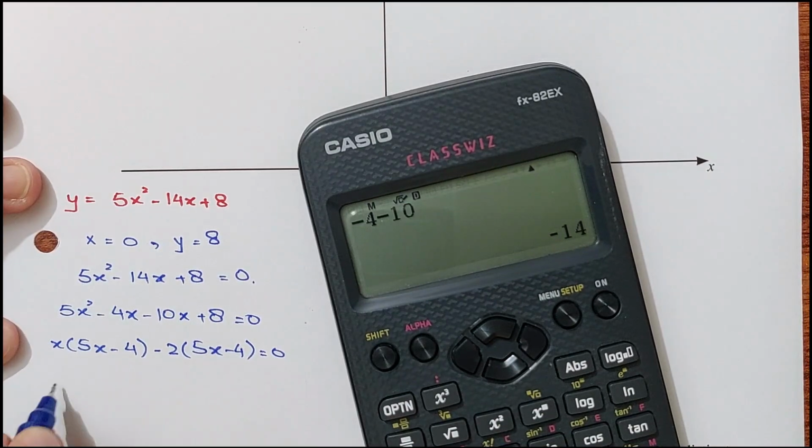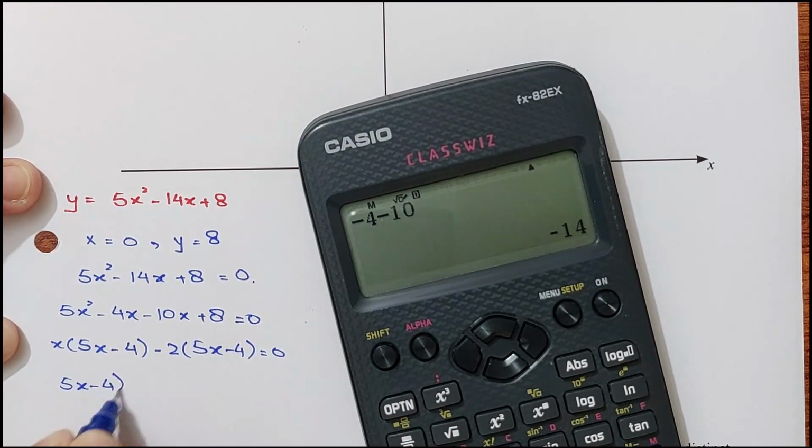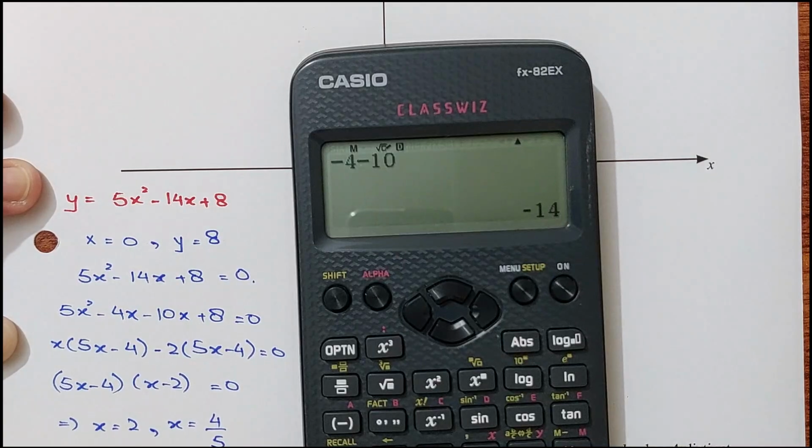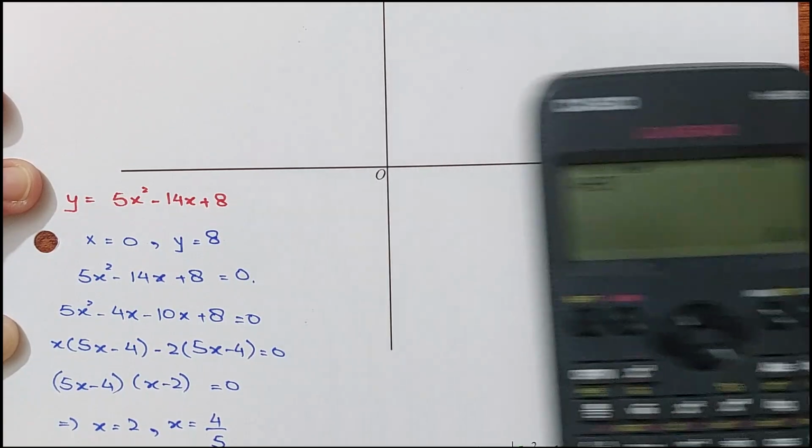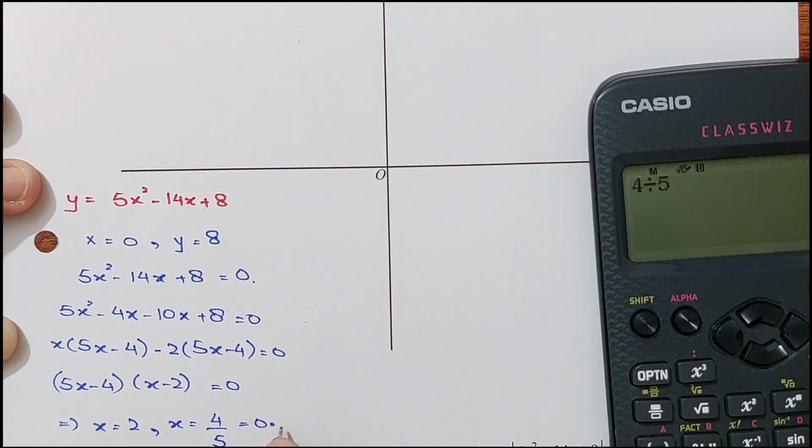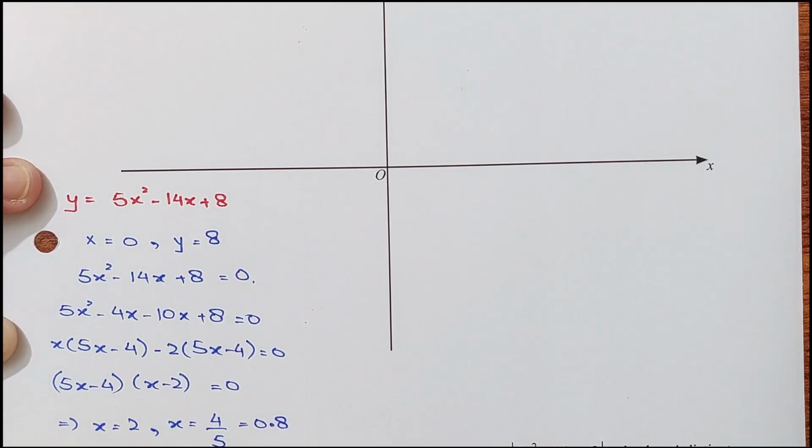So the two factors are 5x minus 4 and x minus 2, equal to 0. From here x is equal to 2 and x is equal to 4 by 5, which is 0.8. So these are the two x-intercepts and 8 is the y-intercept.